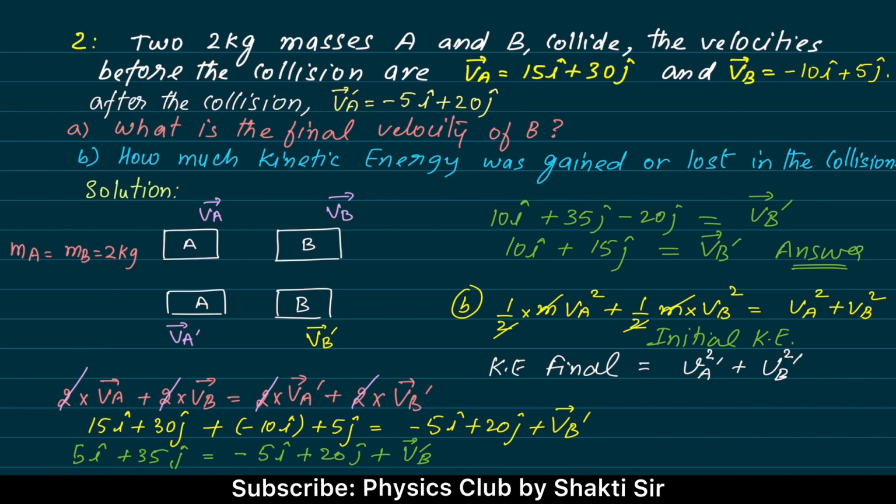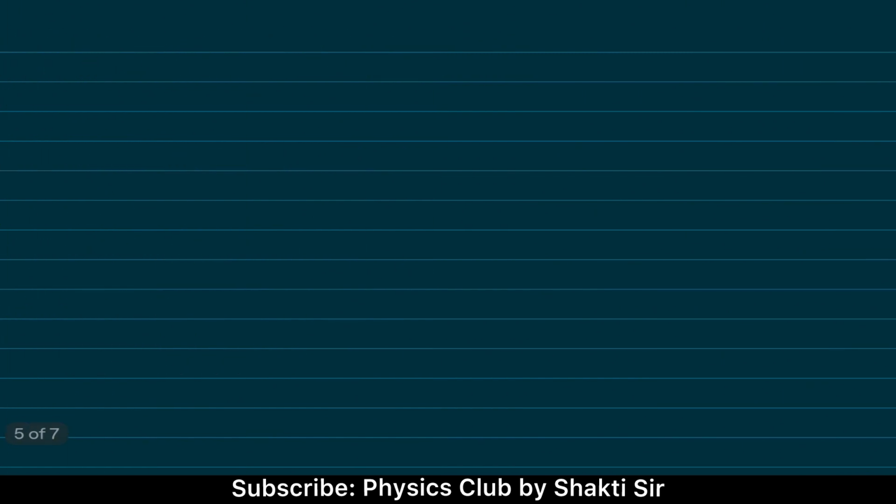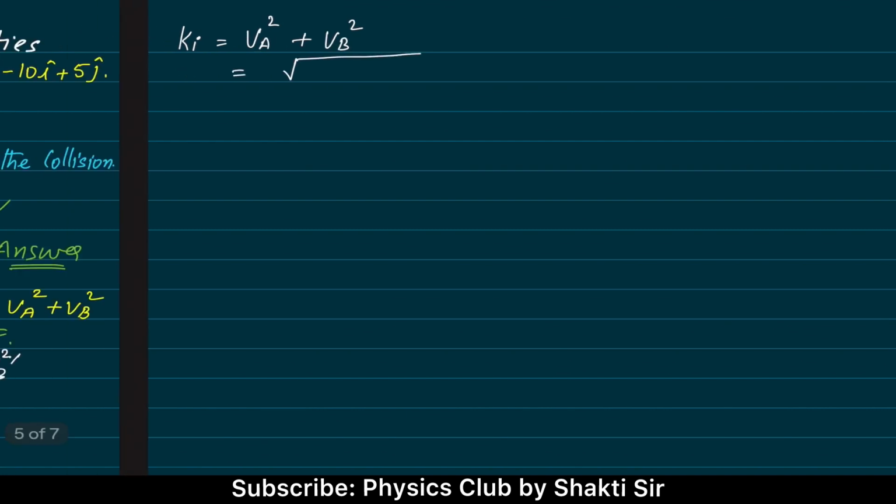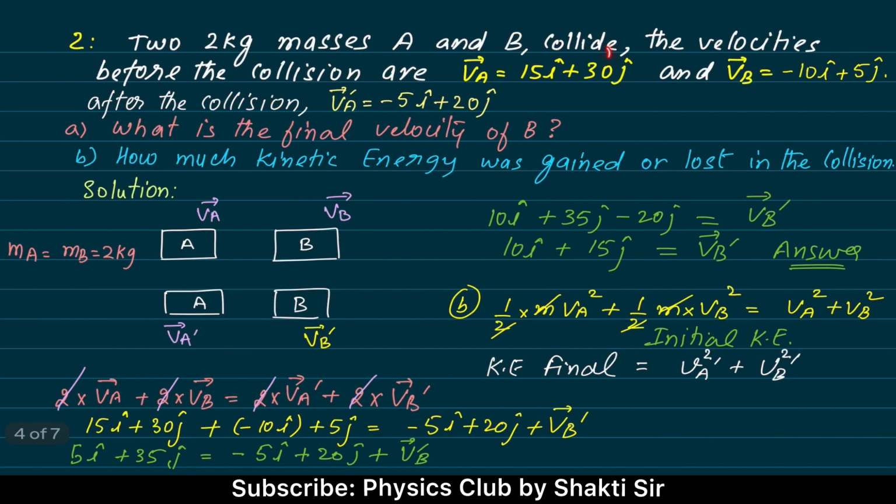Let's calculate their values. K initial is equal to the magnitude of VA squared plus VB squared. You can see this is the value of VA. So we will calculate their magnitudes.